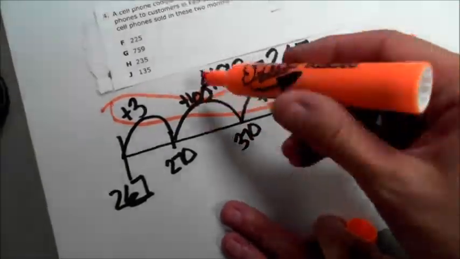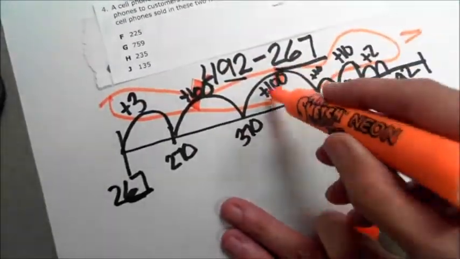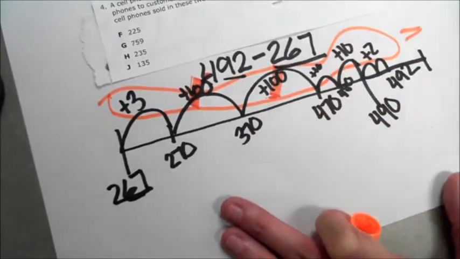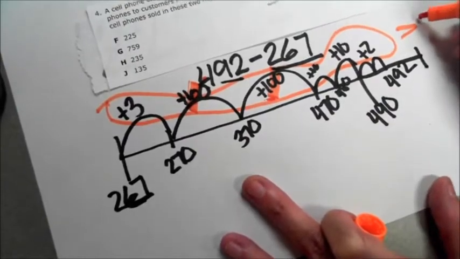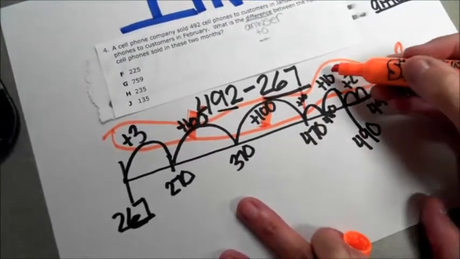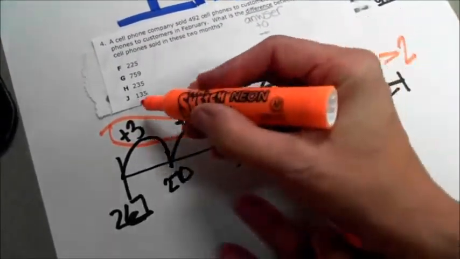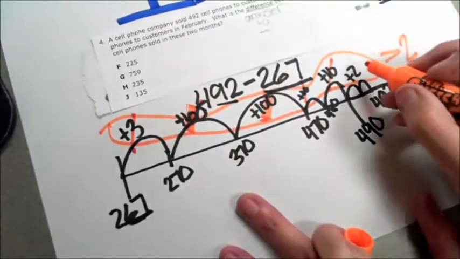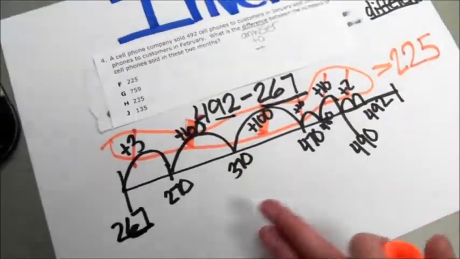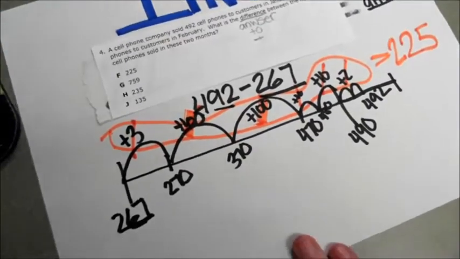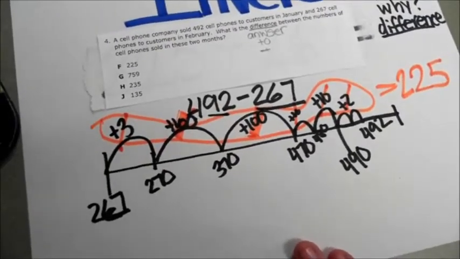Watch, 100, 200, and then that's it. Then I went to my tens. So we're at 200, 10, 20, 23, and 2 more gets me 25. So that is how you can add on a subtraction problem.